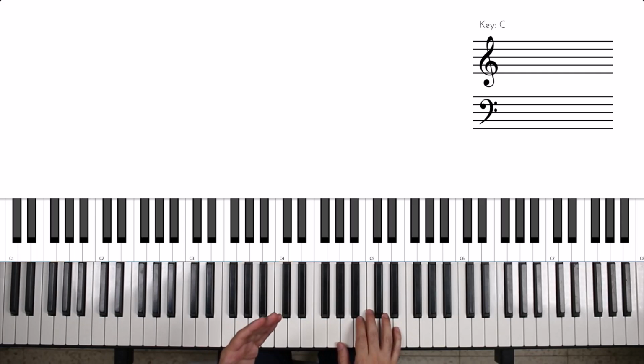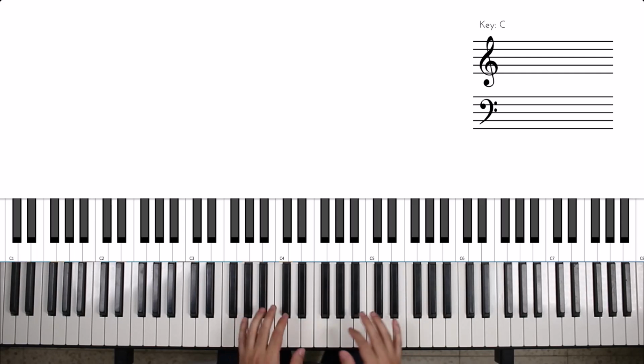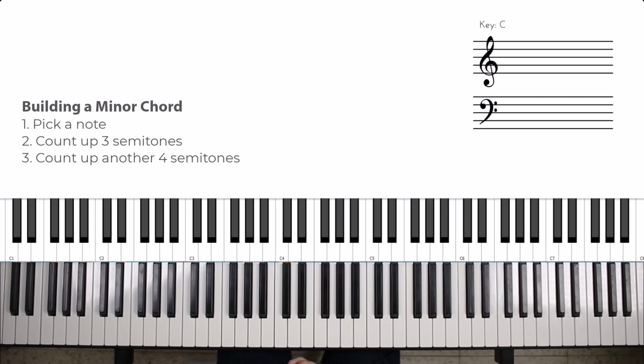Okay, so our discussion is going to start by talking about the main tool we're going to use, which are minor chords. Now, if you've never built them or played them, don't worry too much. I'm going to quickly walk you through it. A minor chord is a selection of three notes that are spaced in a particular way relative to each other. Now, to build a minor chord, first of all, choose a note on the piano, any note.